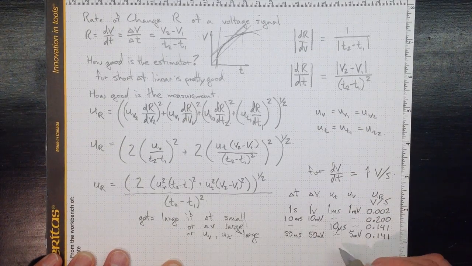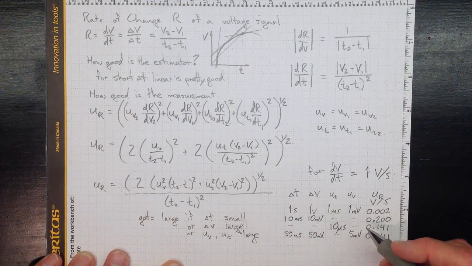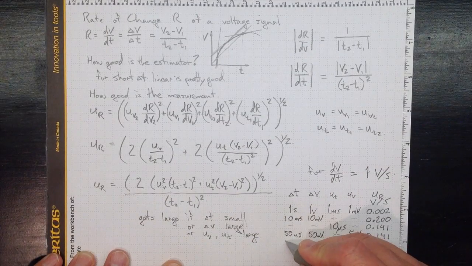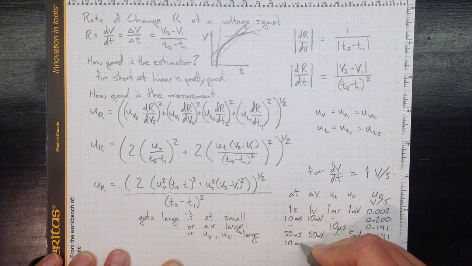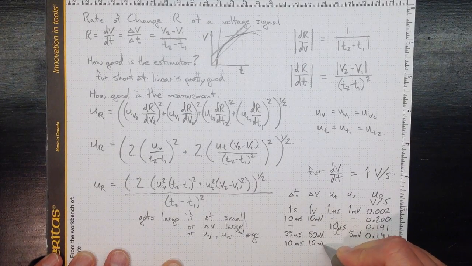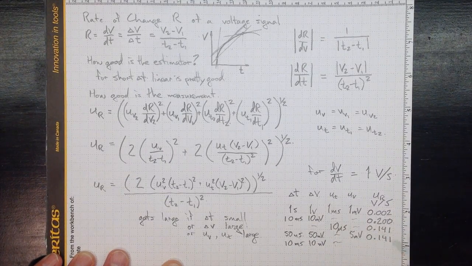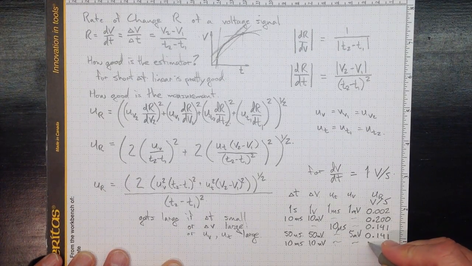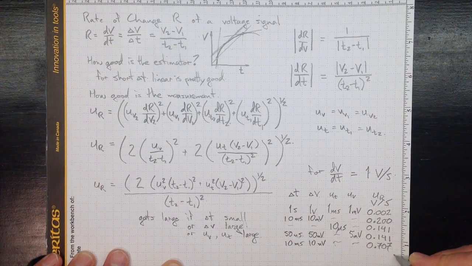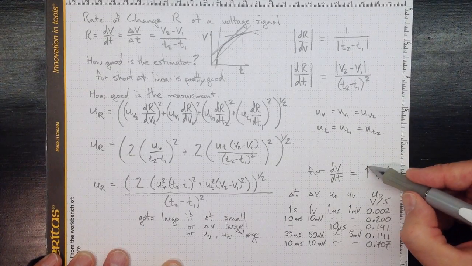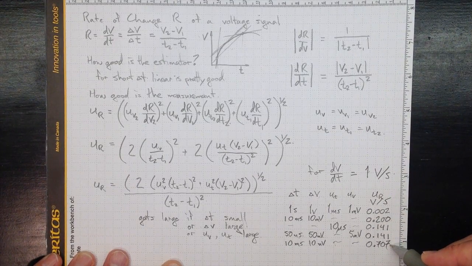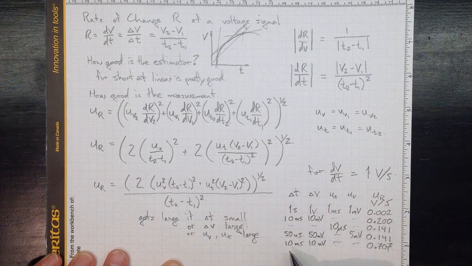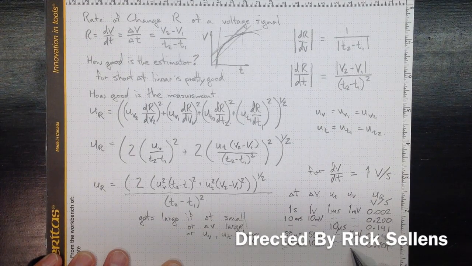And that's because we're taking the difference between 2 voltages over a short time. If we tried to go back to our 10 milliseconds, 10 millivolts, with our 10 microsecond time base and our 5 millivolt voltage accuracy, we'd have an uncertainty of 0.707. 70% of the actual measurement. So very poor accuracy if we take that very high speed, unless we can improve on the accuracy of our voltage measurement.